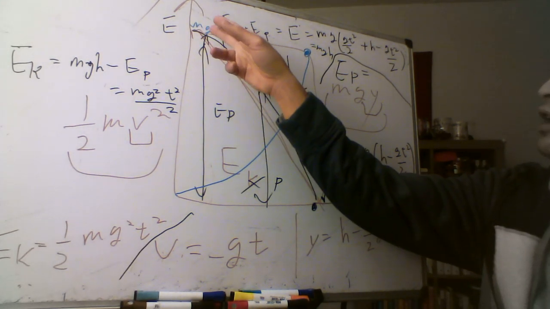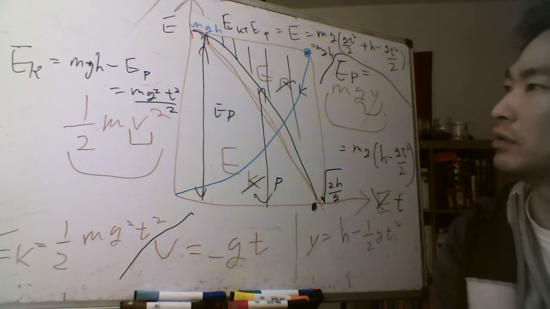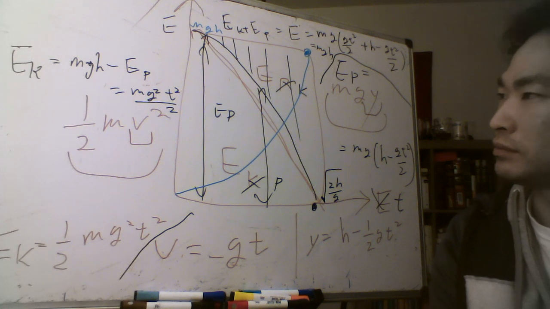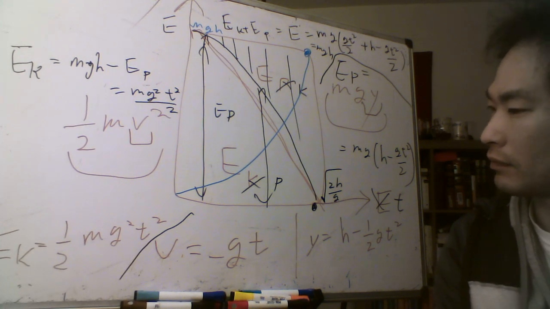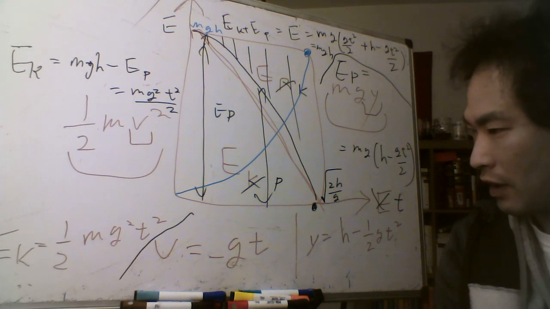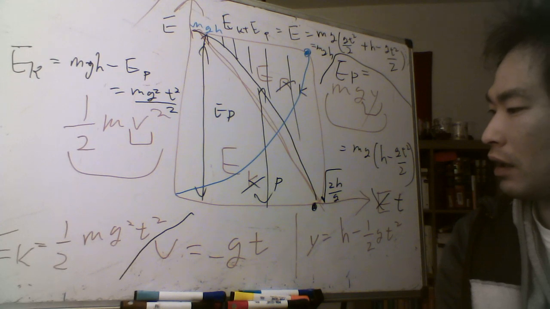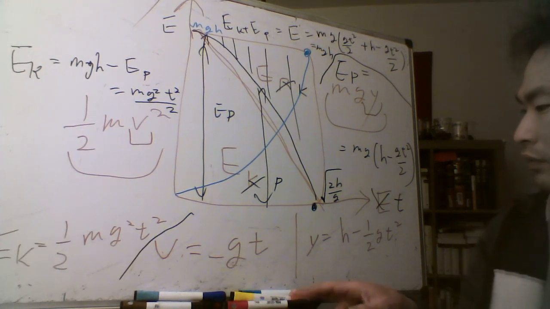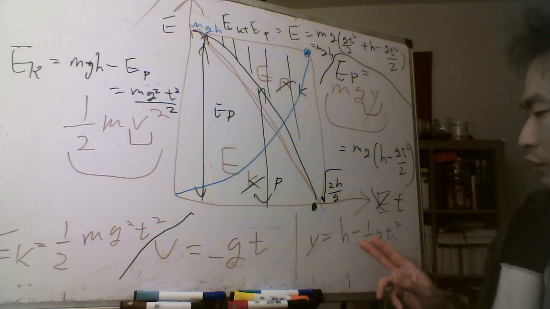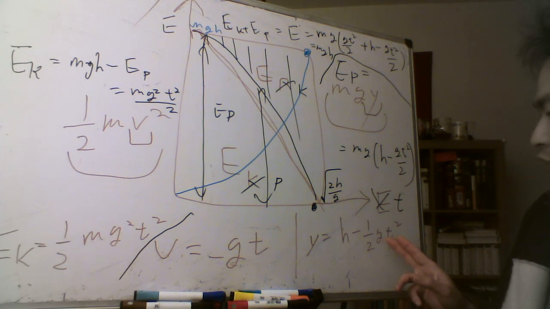F equal mg, right? Ma. H is just distance, right? And we have two of these. Okay, v is equal to minus gt, and y is equal to h minus 1/2 gt squared.